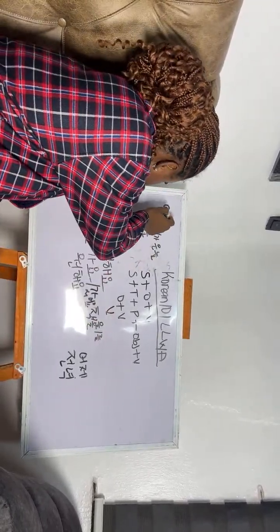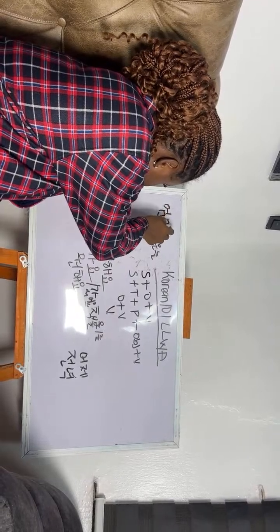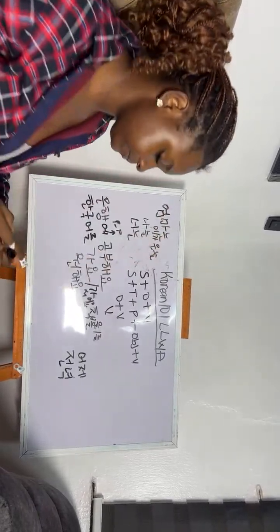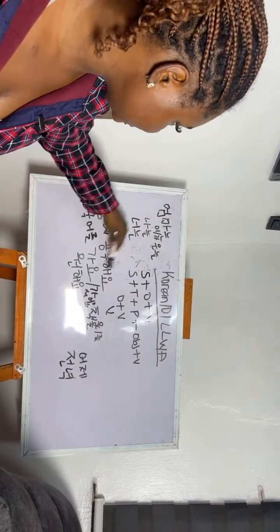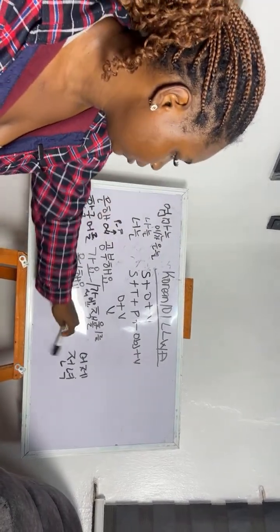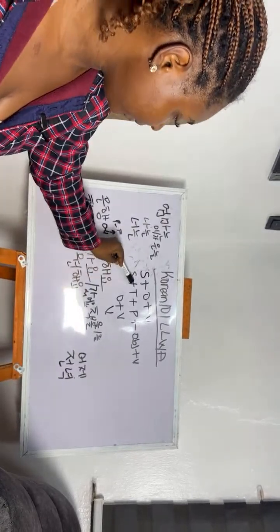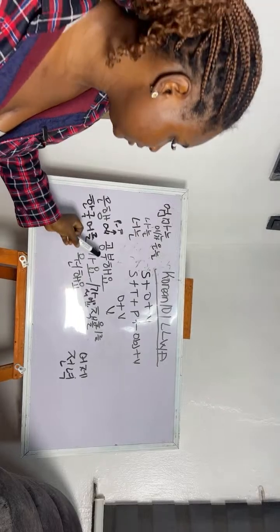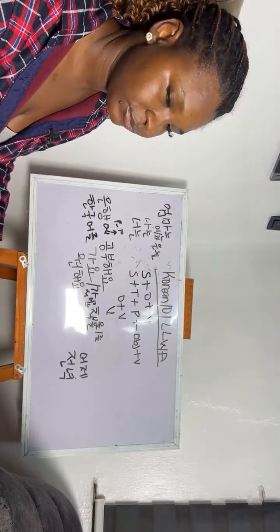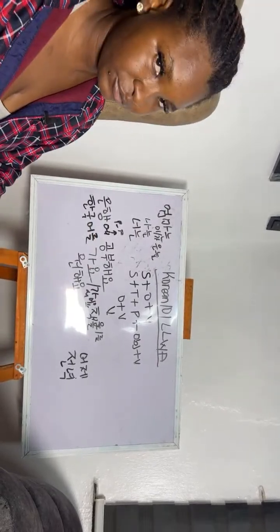Just gonna write it up here. 엄마는. So subject 엄마는 저녁에 한국어를 공부해요. Or 공부할 거예요, future tense.